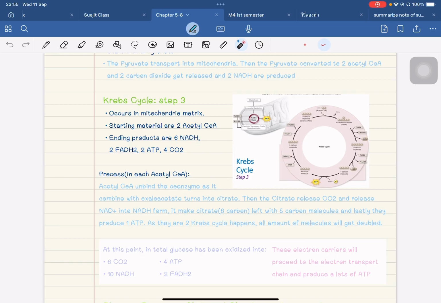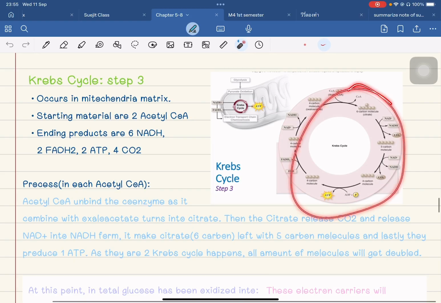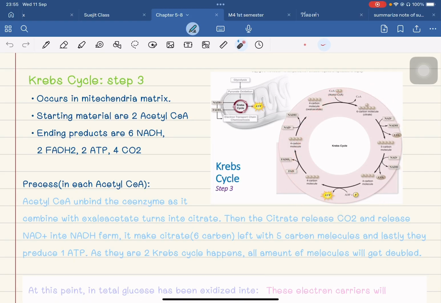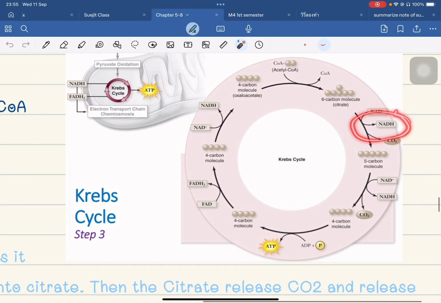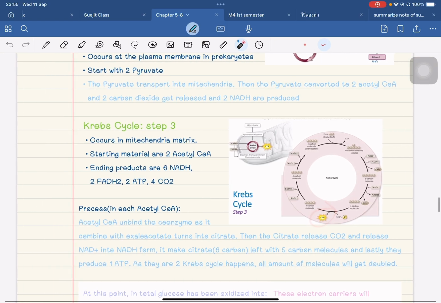And as 2 Krebs cycles happen, the amounts of the molecules I have been mentioning are doubled, so the NADH is doubled and also the ATP.